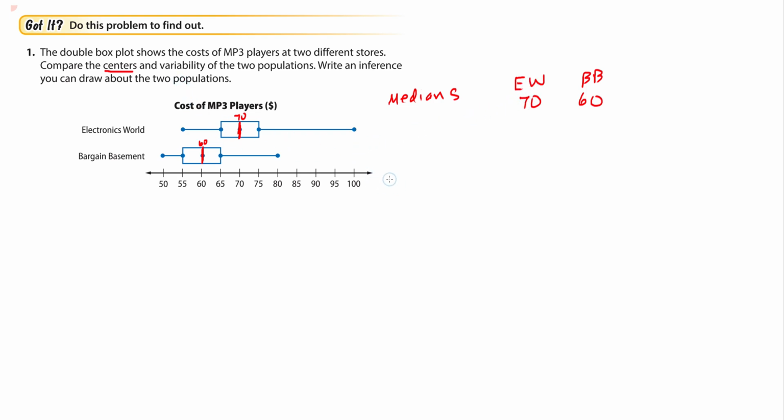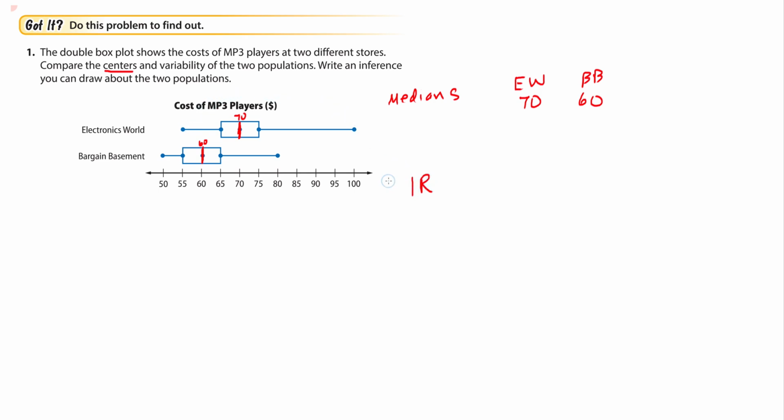So now we can do the variability, the interquartile range. This Electronics World looks like this is a humongous range here. But there could be just one MP3 player that is $100 and the next one is way down here. So using the overall range is somewhat deceiving possibly.